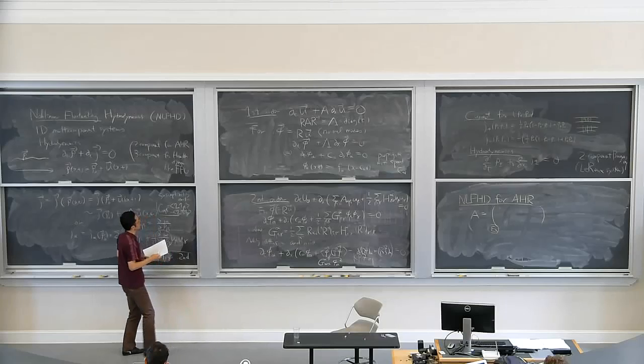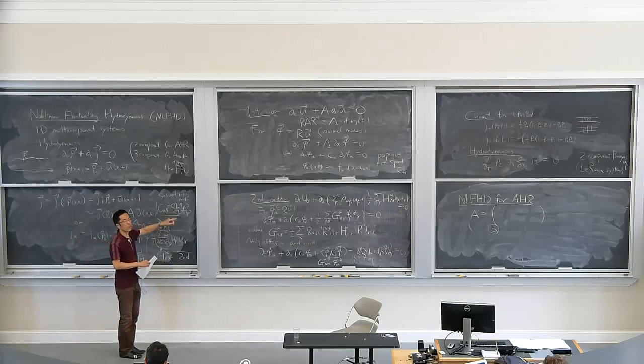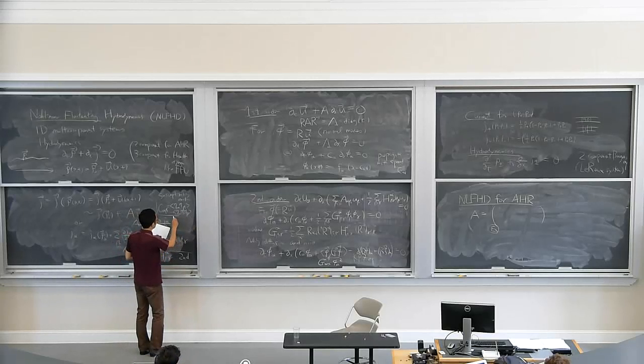So this is the covariance of the occupation numbers for the processes.